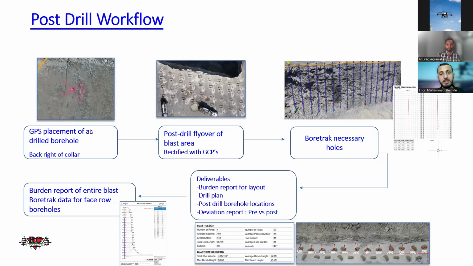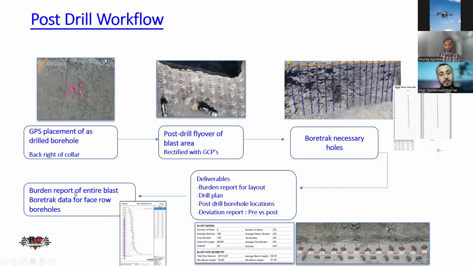You can also take the imagery, and along with it do the bore track for the necessary holes, as Anurag explained. The drilling pattern on the 2D map and also the bore track are both very necessary for the design of drill analysis and blast prediction, because a small variation will create a problem for the burden analysis.